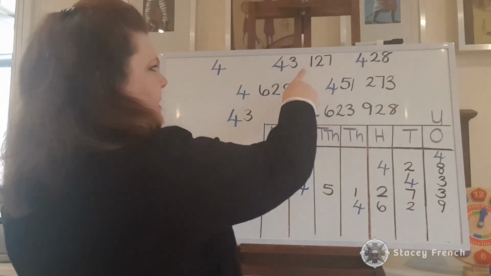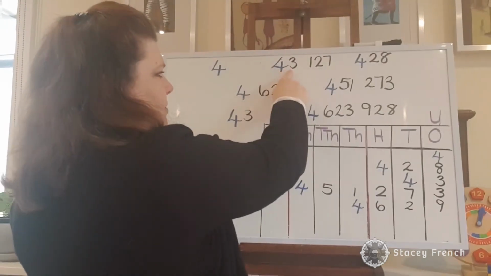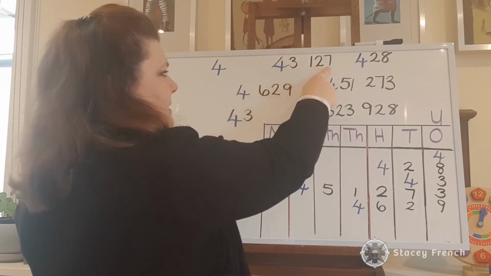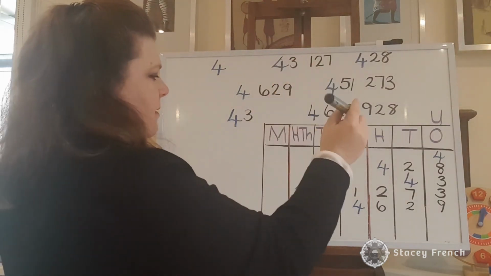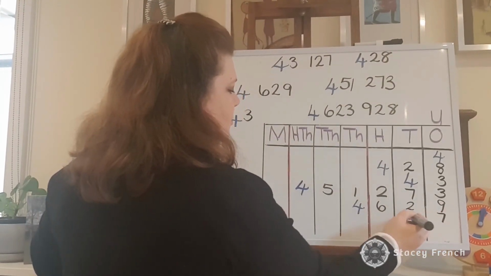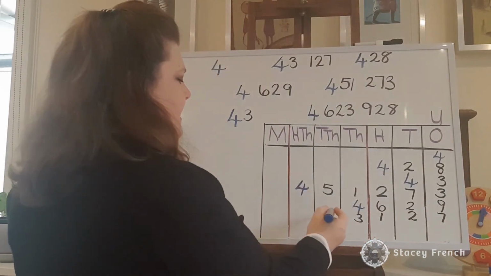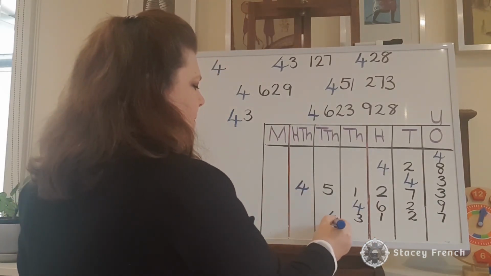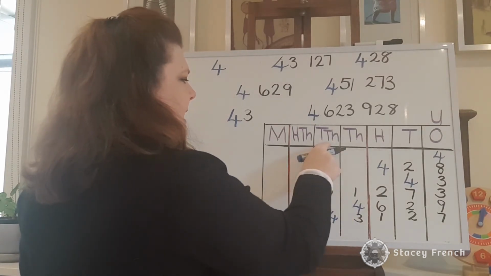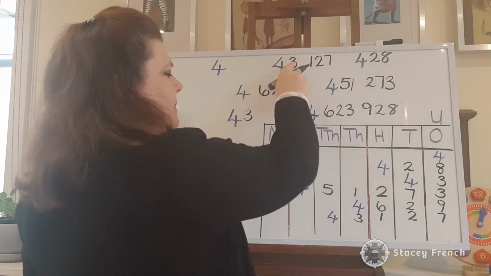Let's try this one over here. 43,127. Starting at the end, 7, 2, 1, 3, and 4. Take the 4 up, we can see it's in the 10,000s column. The 43 goes together.